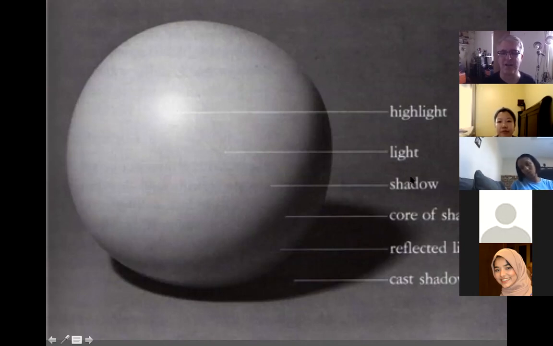I should have been more careful about using this image. This is the shadow, starting from the terminator. That's halftone. Sorry. Core of the shadow is that darker band along the shadow edge, reflected light, and then cast shadow. We also have occlusion shadow here, halftone there, or penumbra.